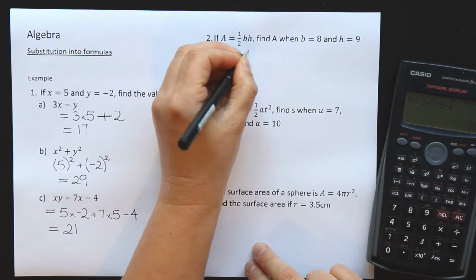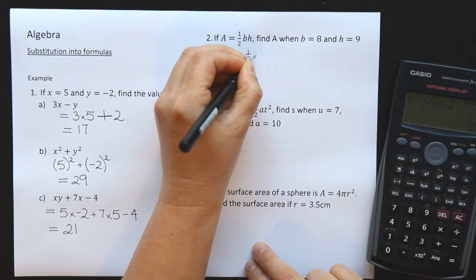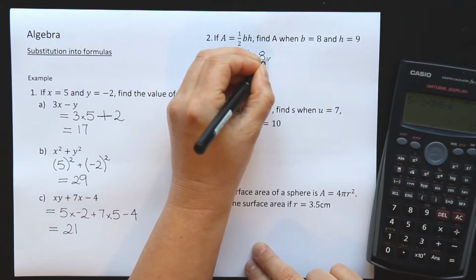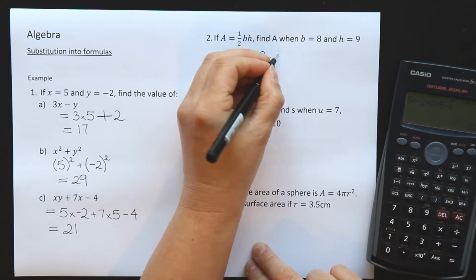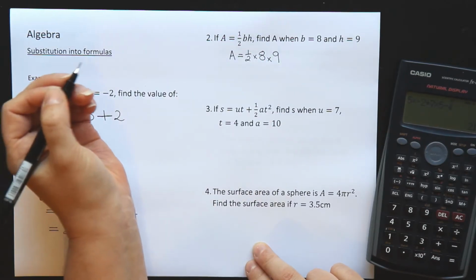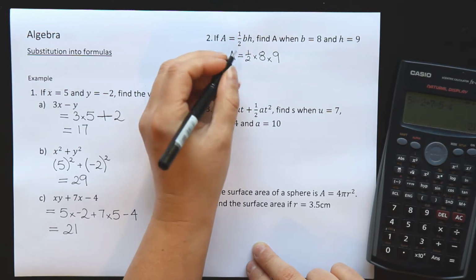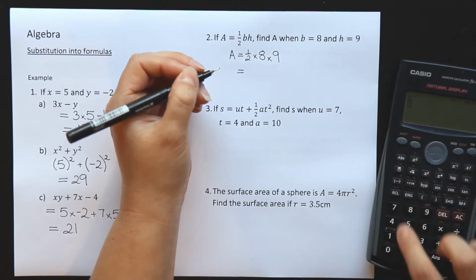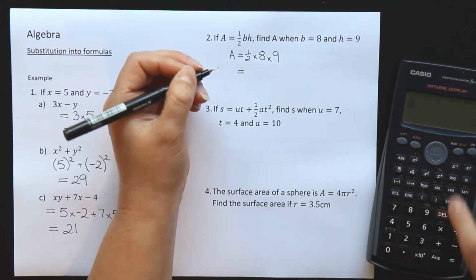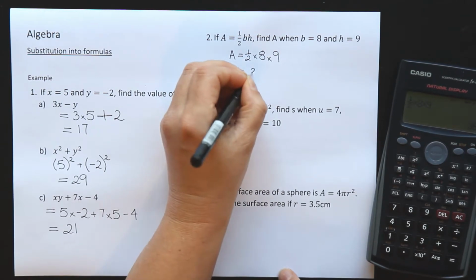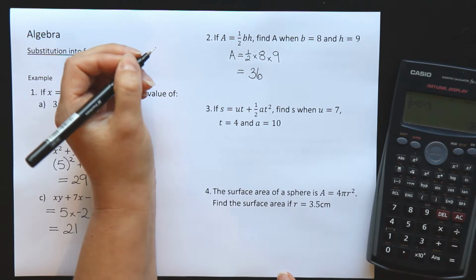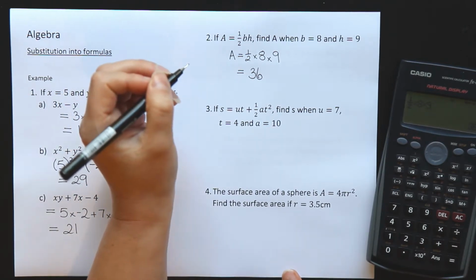So I have half times B, but B is 8, times H, but H is 9. Okay, so A equals half times 8 times 9. On the calculator, half times 8 times 9 is 36. I don't need to put any units squared because we're not actually doing an area question here.